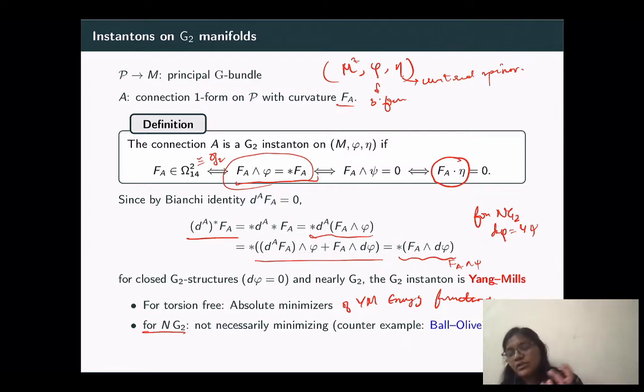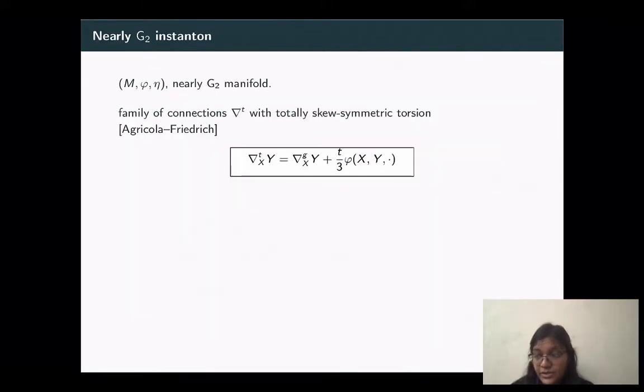So this is a major difference between the properties of G2 instantons on torsion free and on nearly G2. Nevertheless, G2 instantons on nearly G2 manifolds are still worth studying, and in today's lecture, we'll focus on studying the deformation theory of these instantons.